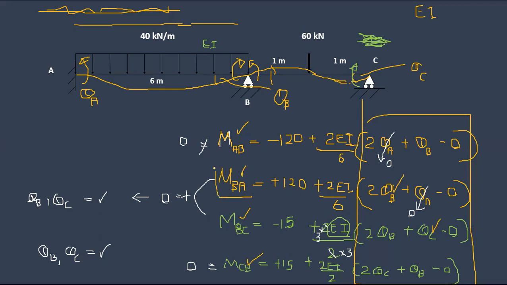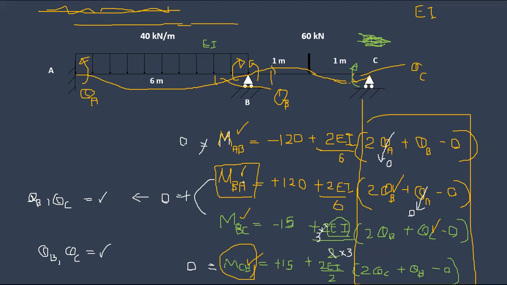So once you find MBA, you know addition of these two will give you 0. So MBA is negative MBC, right? This is anyway 0. You don't need to plug anything into that, because that's just one member and roller support. So you know the bending moment should be 0.